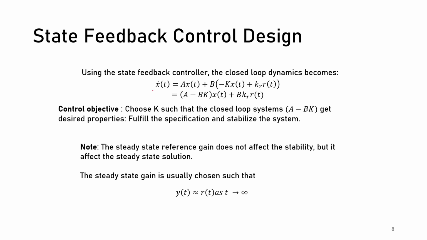Once you choose U, you can substitute U into the state equation, and then you can separate H and r(t) like this. Then the coefficient of H is A minus BK. Let's just call it A calligraph.